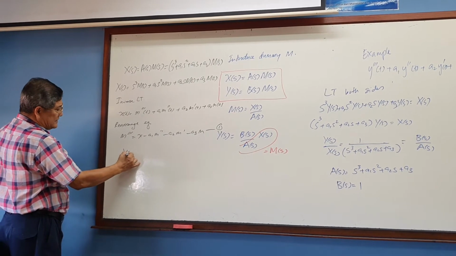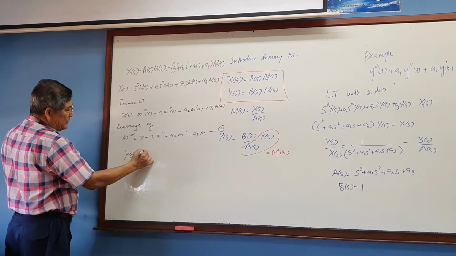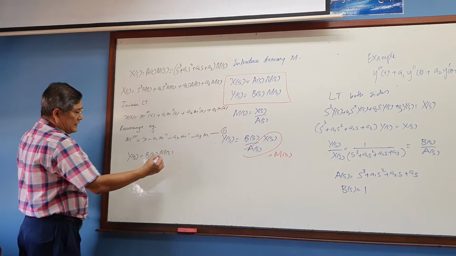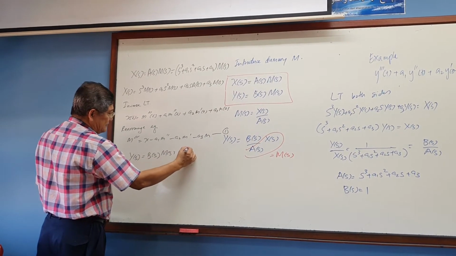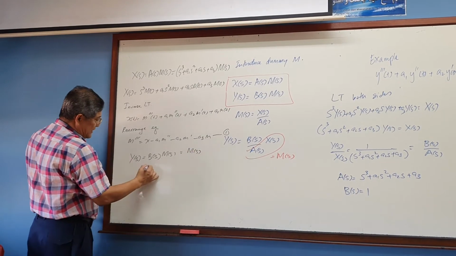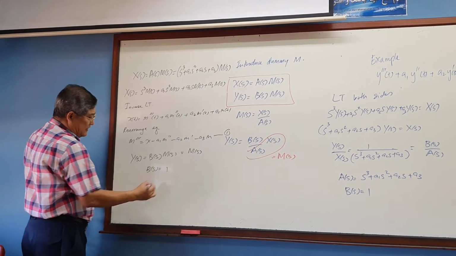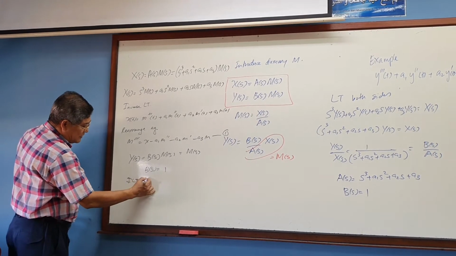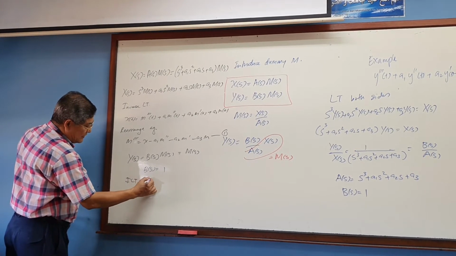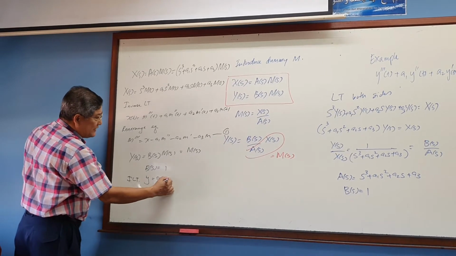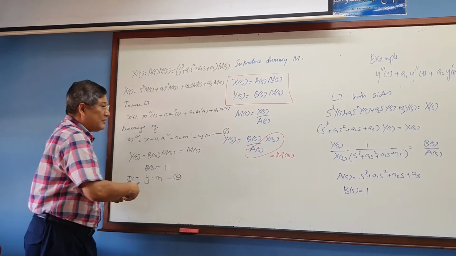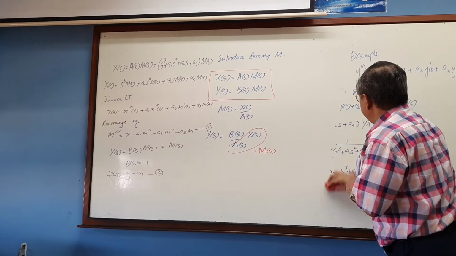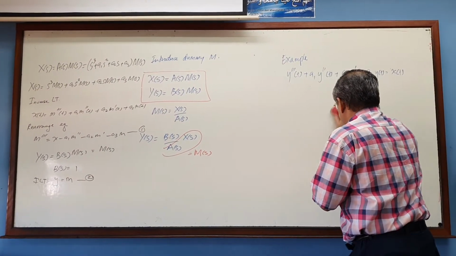Then Y(s), the output, will be B(s) M(s), and this one is equal to M(s) because your B(s) is equal to 1. Then the inverse Laplace transform, y is equal to m, will be the second equation. Now we draw the simulation diagram based on the first one.